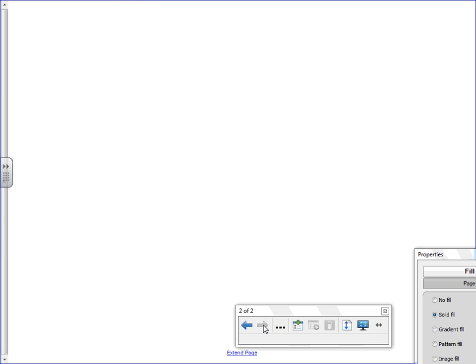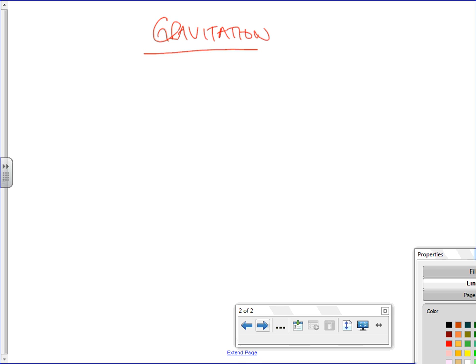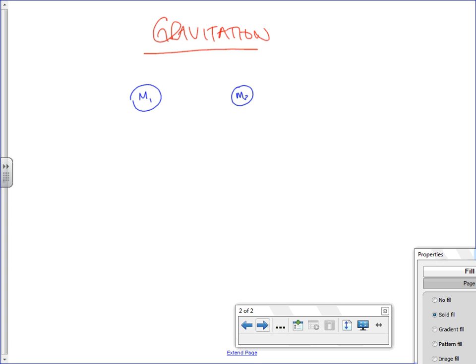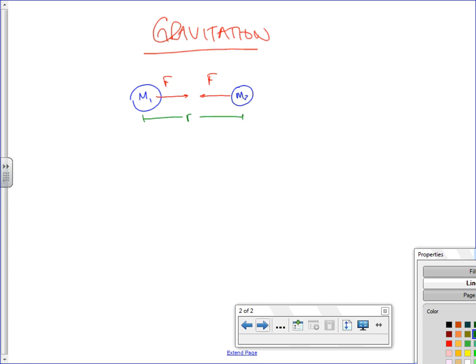All right, gravitational stuff. Definitely be able to do this. Here's M1. Here's M2. As we said before, these objects exert a force F on each other, equal and opposite, assuming they're separated by a distance r.